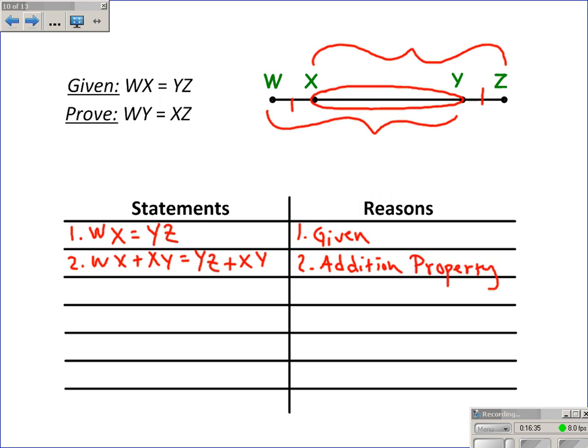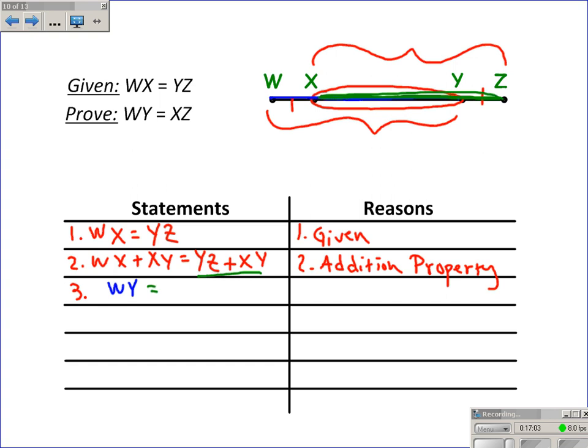Okay. Now, if you look at WX plus XY, that is this segment right here. So that's equal to WY. And YZ plus XY is this segment.